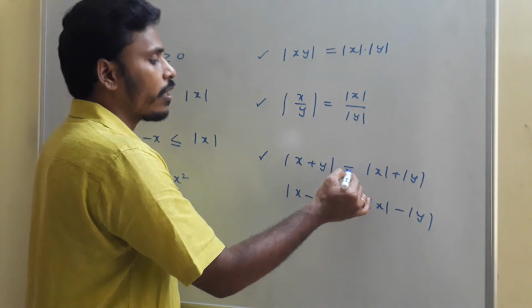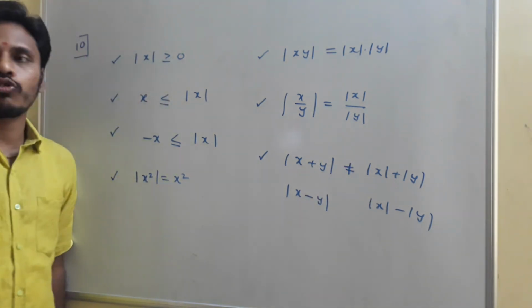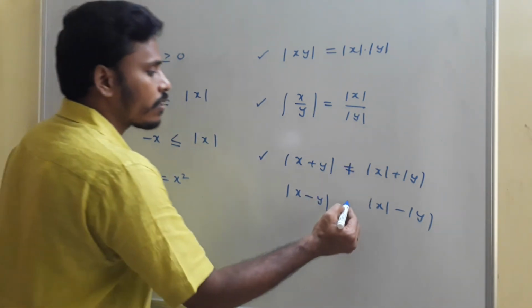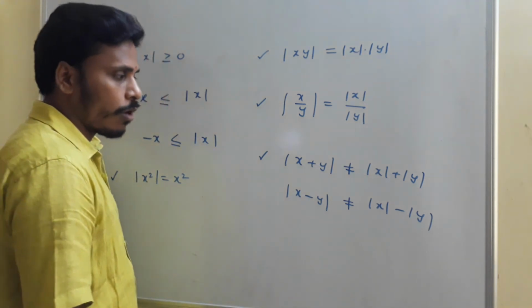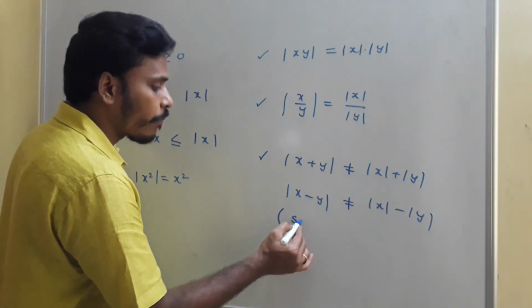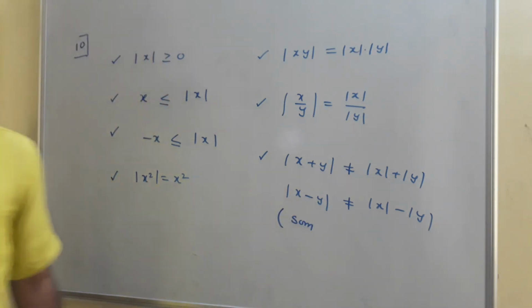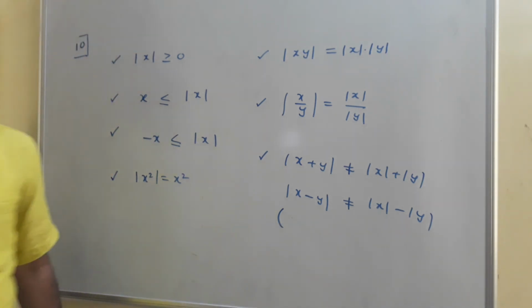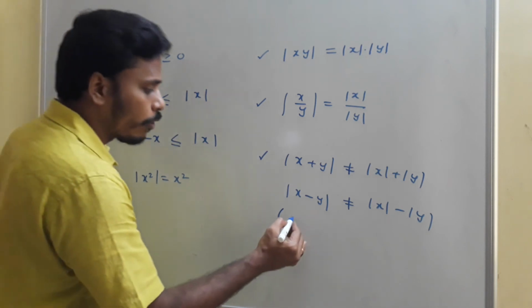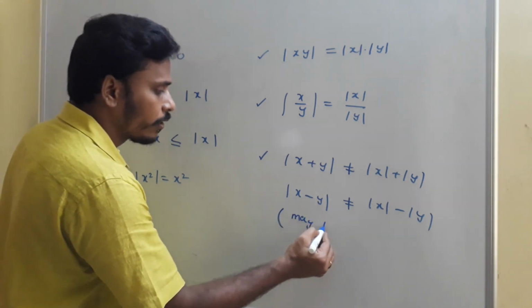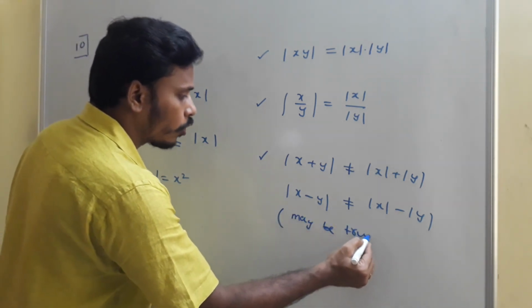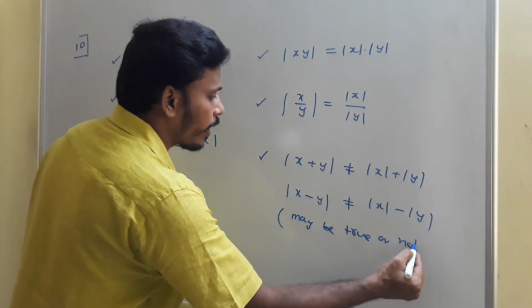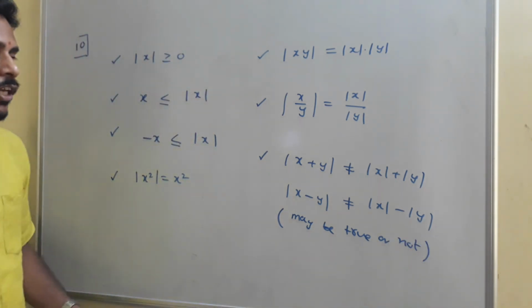In general mod x plus y is not equals to mod x plus mod y, and this is not equals to mod x minus mod y. Sometimes true and sometimes not true, you need to mention like that. We don't confirm about this. Maybe true or not, it's a 50-50 chance, and depending on the values of x and y, we need to fix.